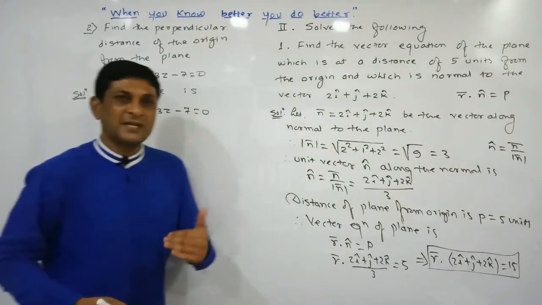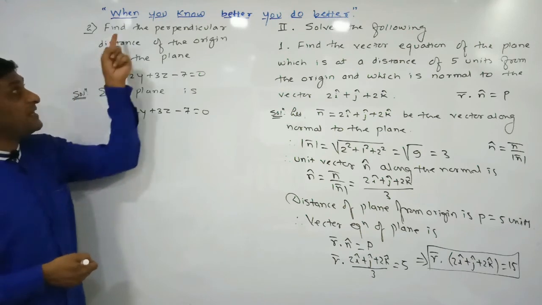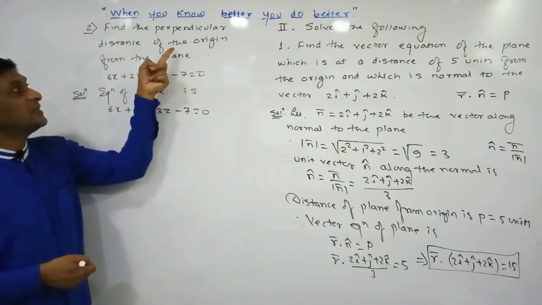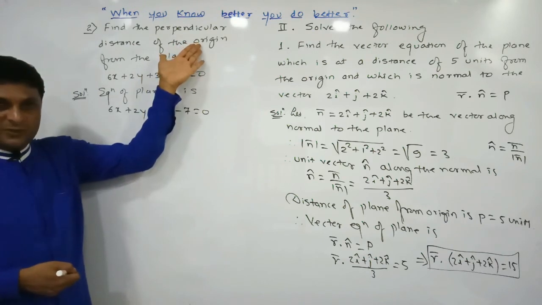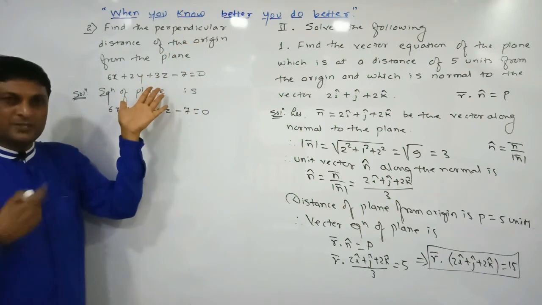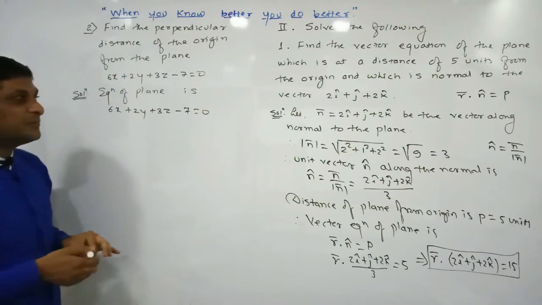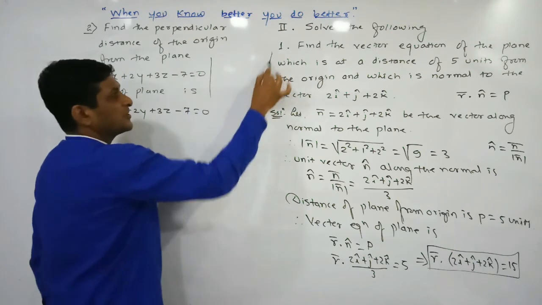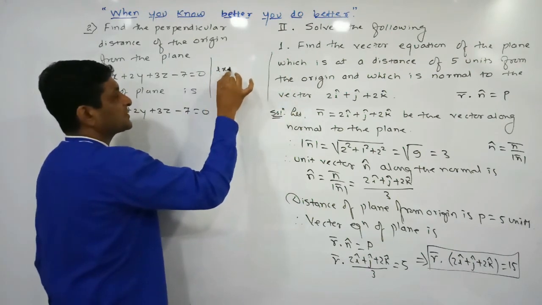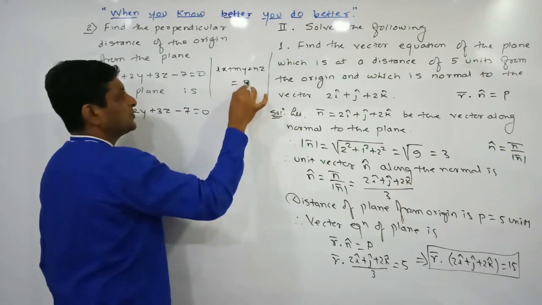Okay, now observe example number 2. In this question we are finding the perpendicular distance of the origin from the plane. So we have to find the distance of the origin from the plane, or in other words the distance of the plane from the origin. And if we are able to convert this Cartesian equation into normal form, what is the normal form? lx plus my plus nz is equal to p.